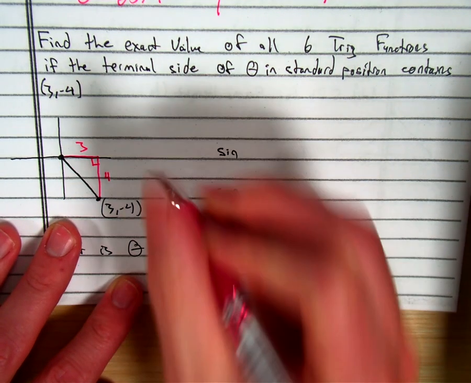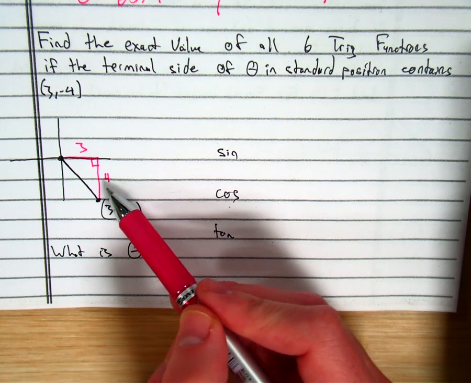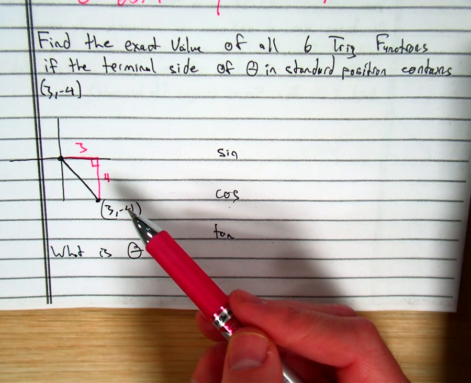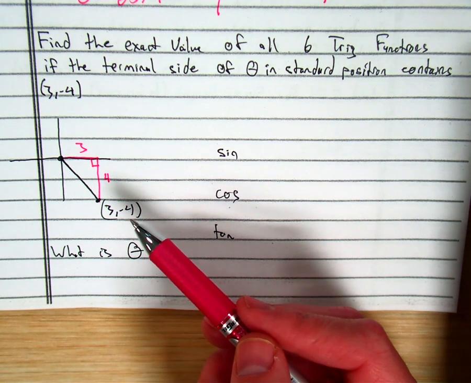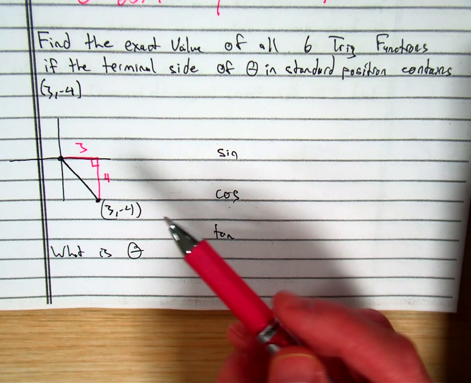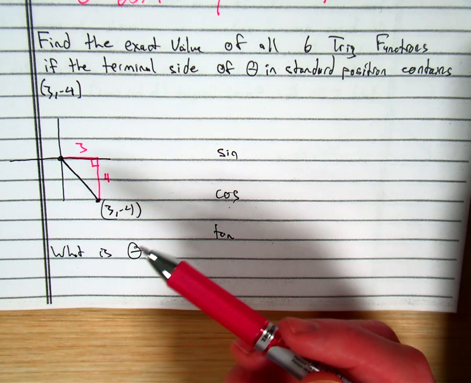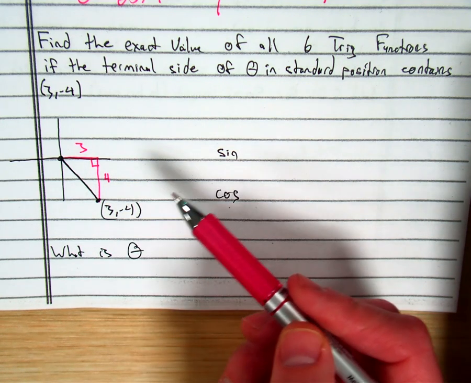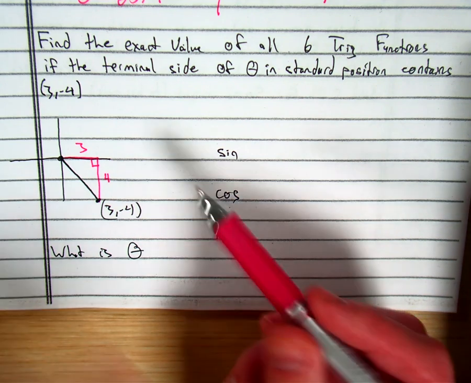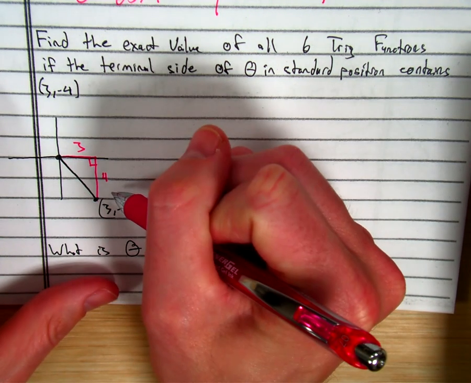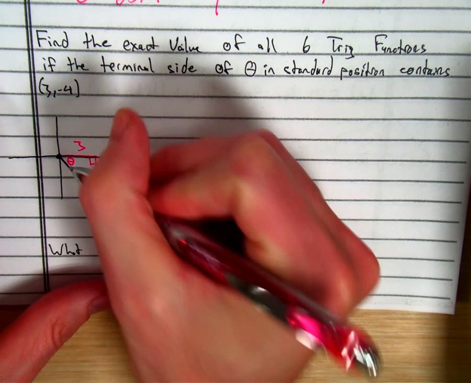And we made a triangle. Use 4, not negative 4. We don't have negative distance. Okay, we didn't drive -4 miles. We didn't measure the tree to be negative 4 feet tall, okay? So 3 and 4. And our theta will always be right there next to the origin.